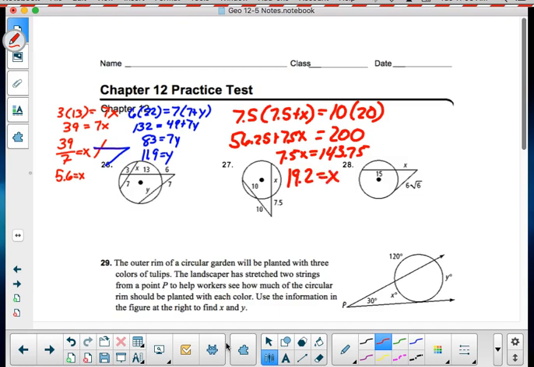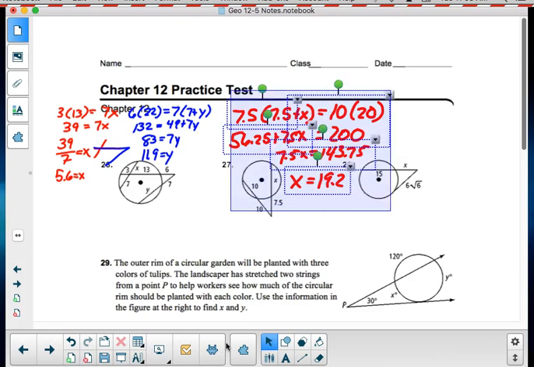I'm rounding to get my 19.2. Okay, so that's my value for 27.